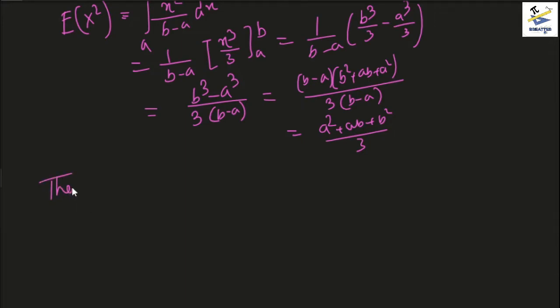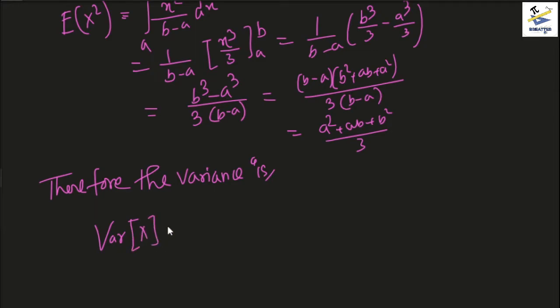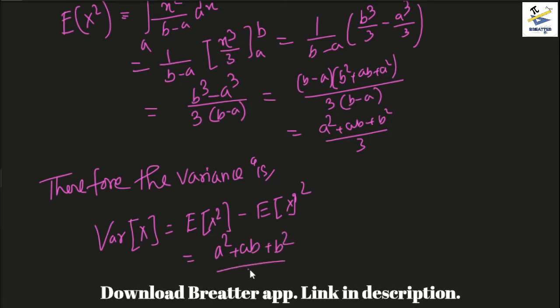Therefore the variance is Var of X equals E of X square minus E of X whole squared, and this would give you, minus a plus b by 2 whole square.